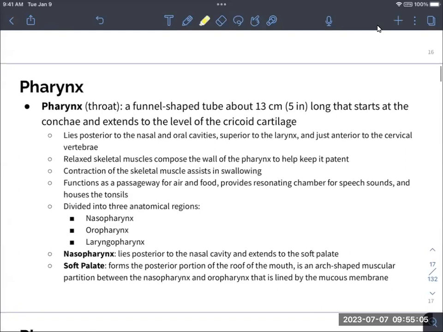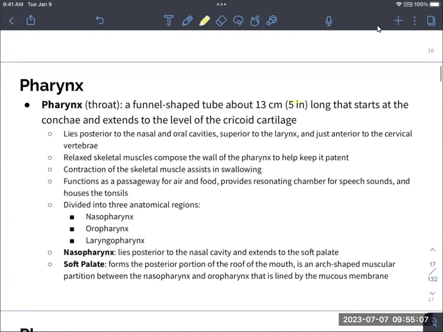So this pharynx is about 5 inches long, from the nasopharynx all the way down to the laryngopharynx at the bottom. And again, it is labeled for the area it associates with.